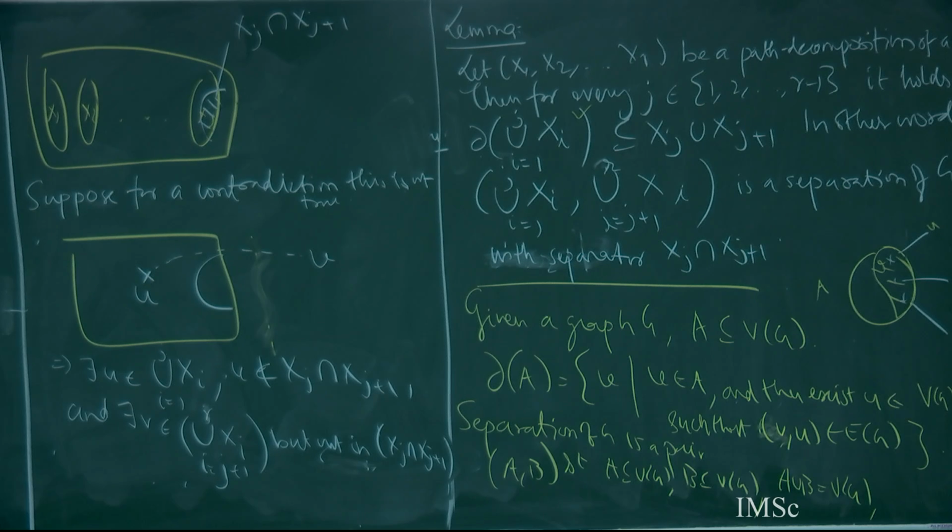This implies there does not exist a bag containing UV, although U comma V is an edge. Agreed? Contradiction. Okay, so we have shown this lemma.